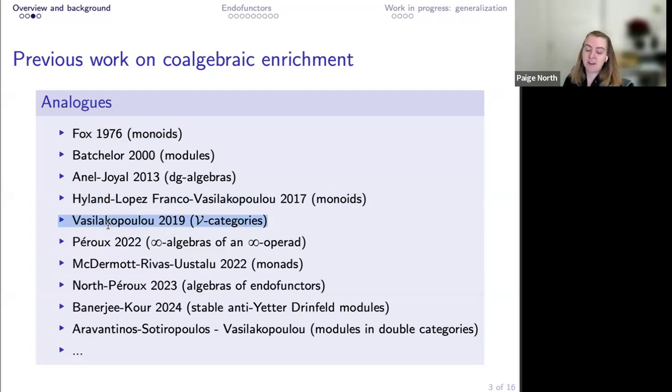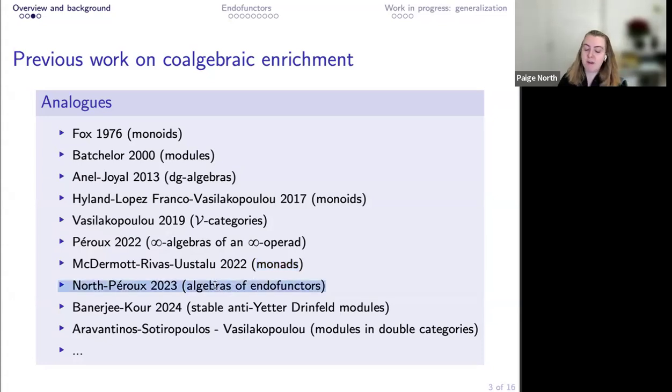Vasilikopoulou shows that V-categories, so enriched categories, are enriched in enriched co-categories. Then my co-author showed that infinity algebras of infinity operads are enriched in the corresponding coalgebras. Here, interestingly, monads are shown to be enriched in comonads, also with applications to programming language semantics.